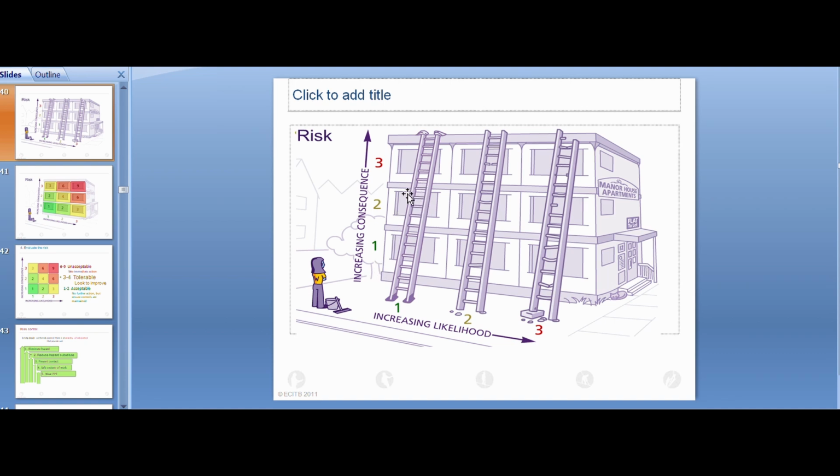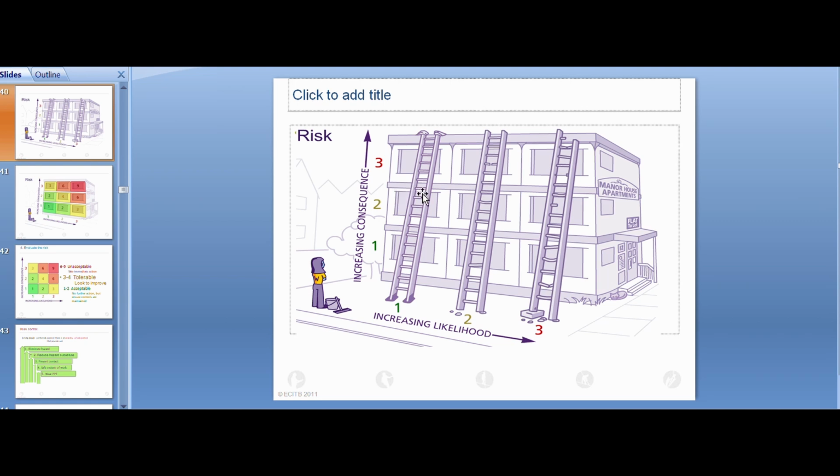Then if I talk about the same ladder, second level, the likelihood is the same. The ladder condition is good and the chance of falling down is less, but on this level the consequences increase and the severity is increased. Why? Because now the height is increased.